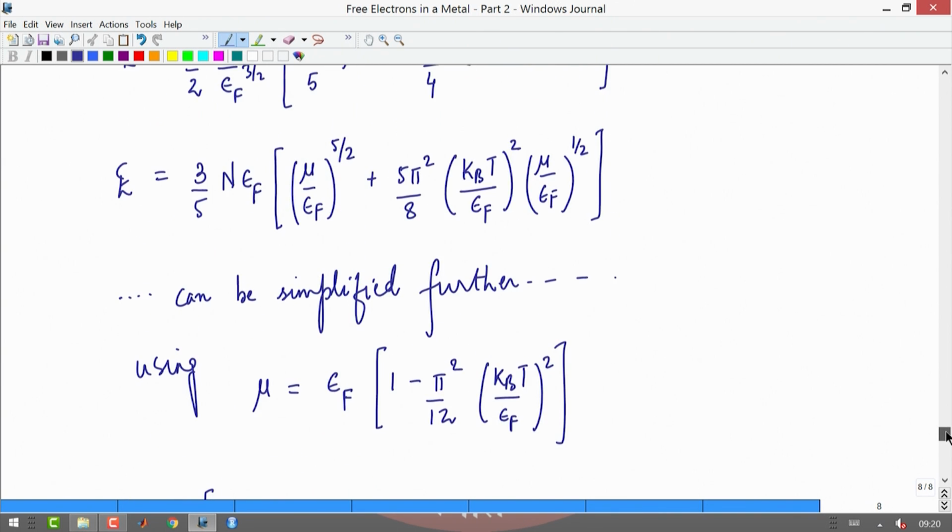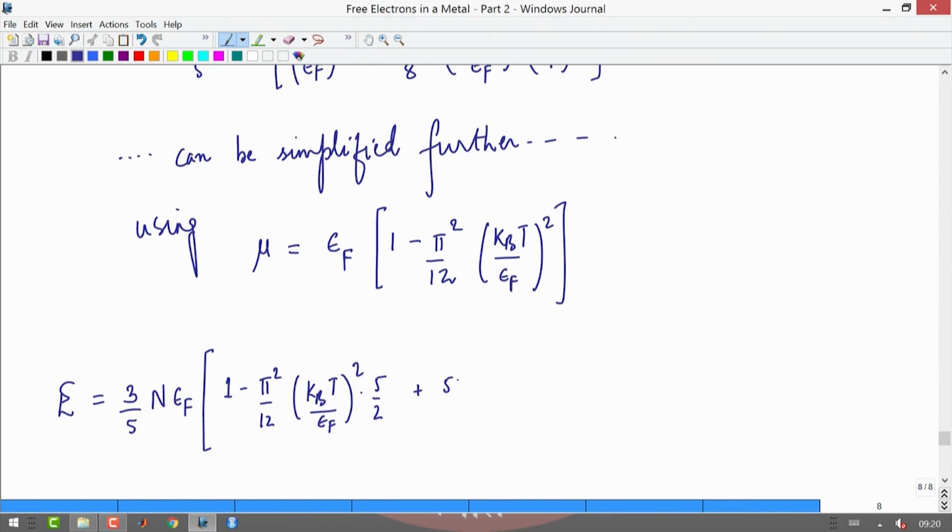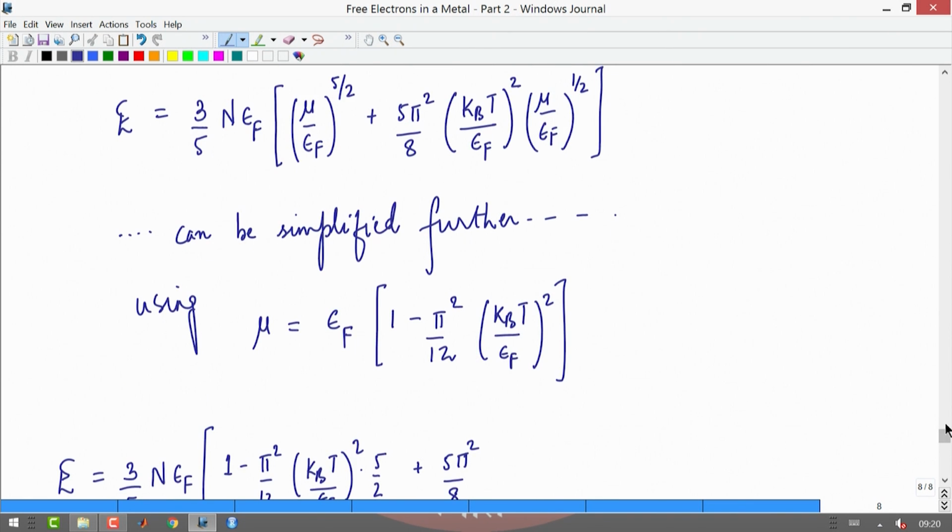And the second term is 5 pi square by 8, if you look here, into kT square over EF square, and then it is multiplied to mu over EF to the power 2, which again I can just to linear order write as 1 minus pi square by 24 into kT over EF the whole square.